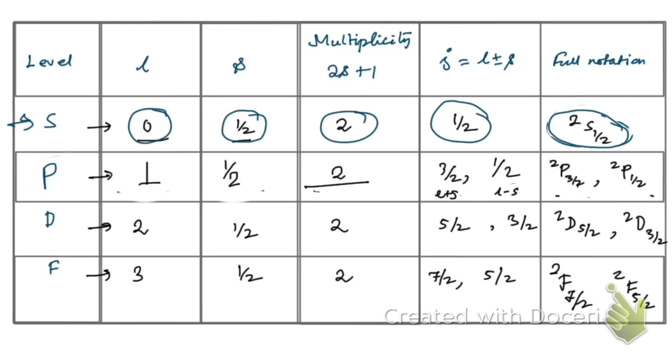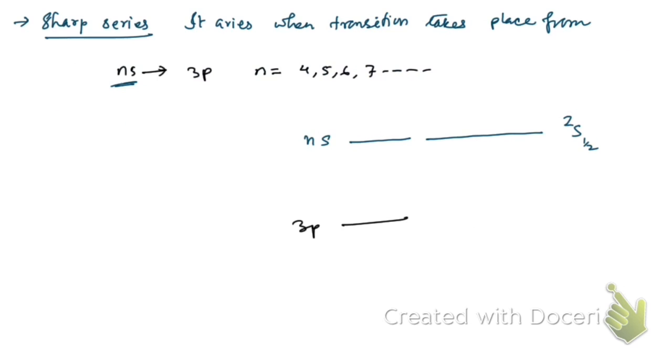Now, as we have got two levels here, one is 2p 3 by 2 and another is 2p half. So this p level splits into 2, that is 2p 3 by 2 and 2p half, right? Let me draw this way.